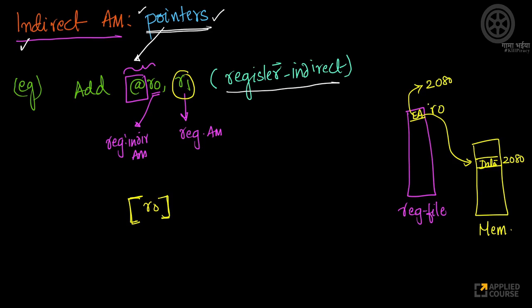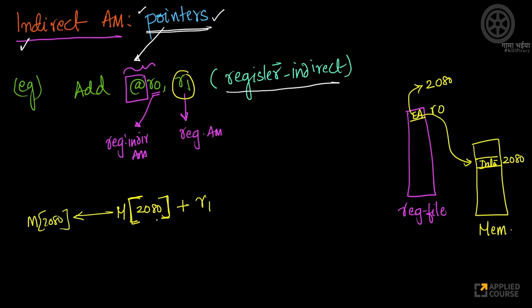That's very, very important, right? So it is the value stored at R0 that is the effective address. So this 2080, let me write this more precisely so that there is no confusion. Whatever data is stored in memory location 2080, add it to whatever is stored in register R1 and store it finally to memory location 2080.